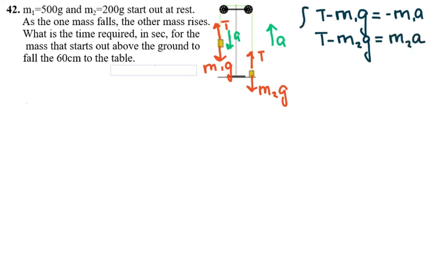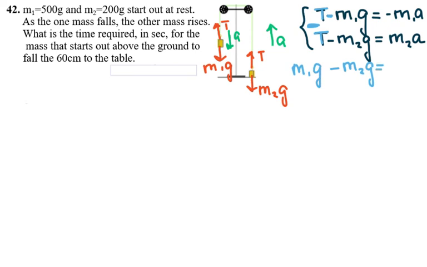I can do the substitution or elimination method to solve this system of equations, and I'm going to use elimination. I'm going to subtract one from the other. This tension minus this tension cancels, and then I have m2g minus, so that will give me negative m2g, and then the m1g is going to be positive m1g.